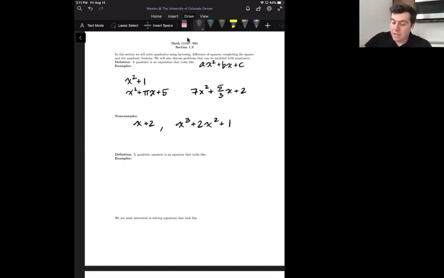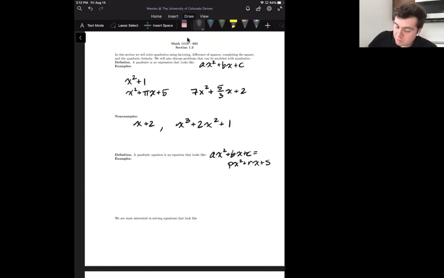And a quadratic equation is just simply an equation that only involves quadratics. So it's an equation that looks like ax squared plus bx plus c equals something like px squared plus rx plus s, where a, b, c, p, r, and s are just numbers that would be given to you in the problem.